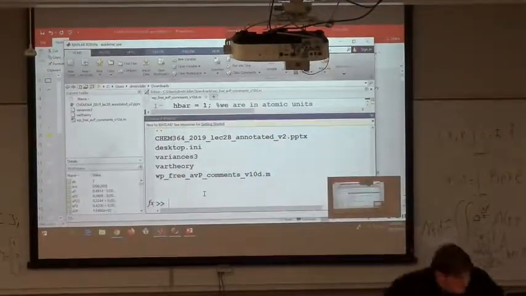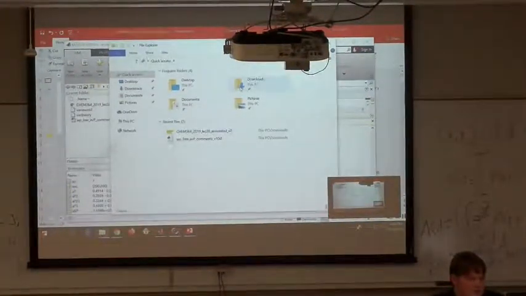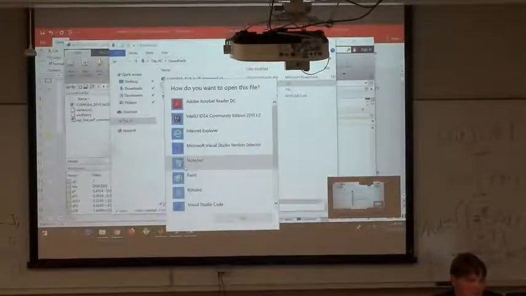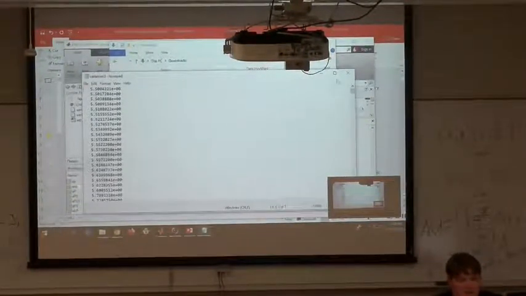So if I will be lucky today, I probably will be able to find this file in the files and open it with either Notepad, which is a little boring.